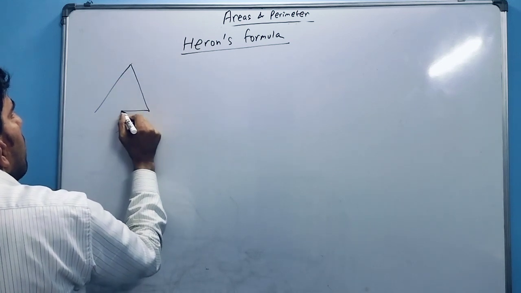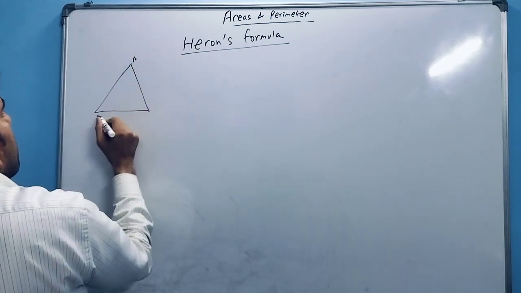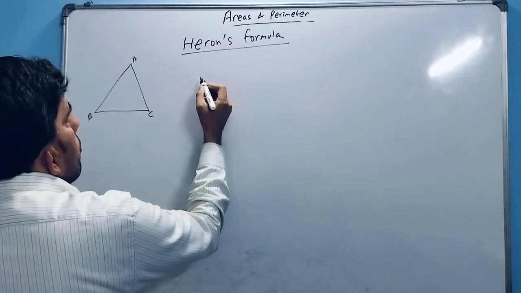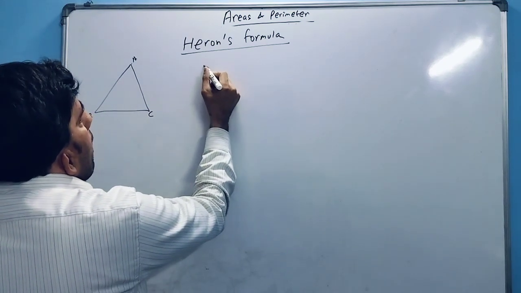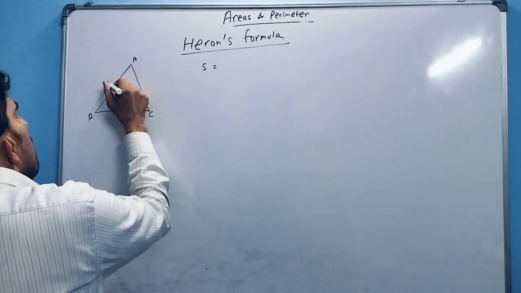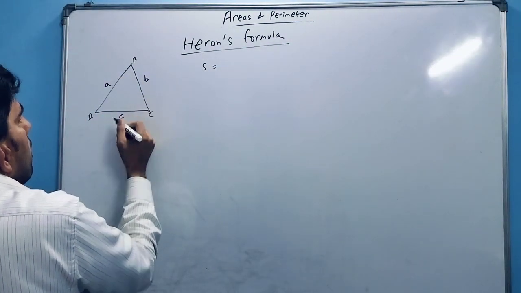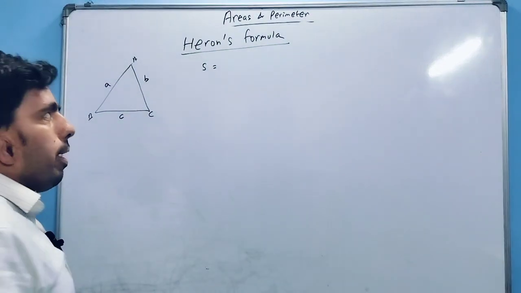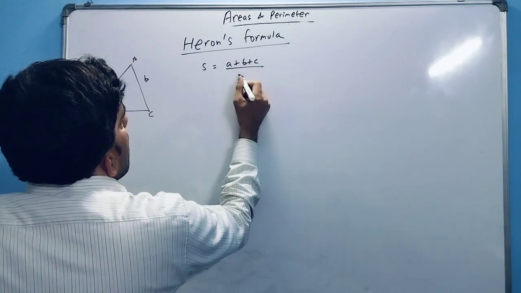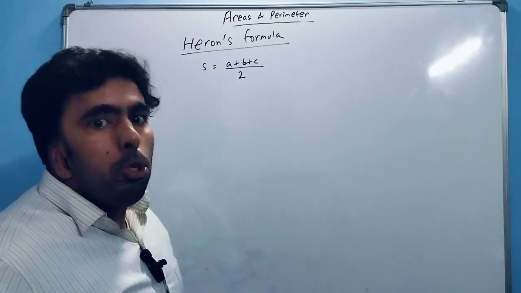If a triangle is given, let us take sides A, B, C, and we need to find the area. First we need to find S. What is S? S is the semi-perimeter. Let us assume A, B, C are the three sides of a triangle. Then we first find the semi-perimeter: S equals A plus B plus C by 2.